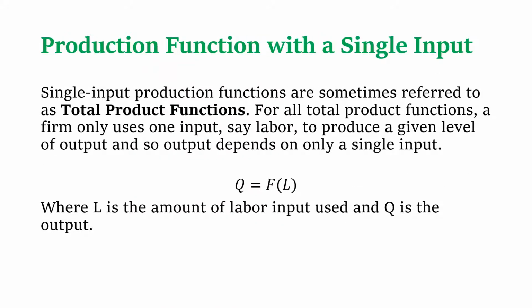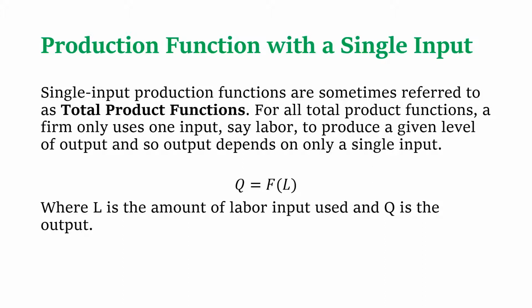Now let's look at the typical production function with a single input. Here we say production output is just a function of labor. All production with a single input is referred to as a total product. Here we have only labor as the primary input of production.